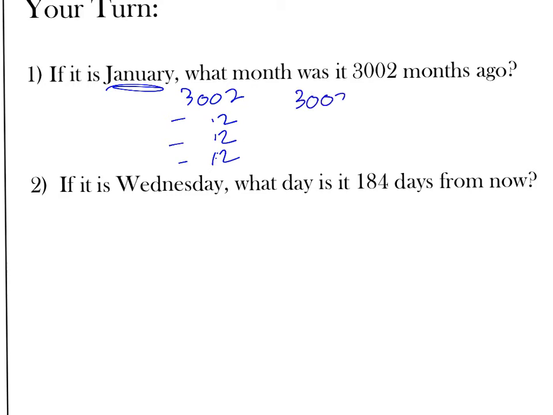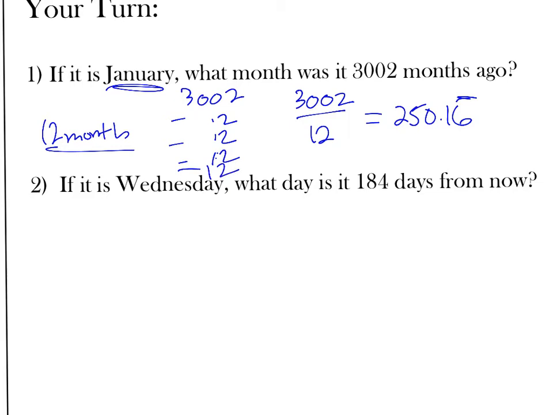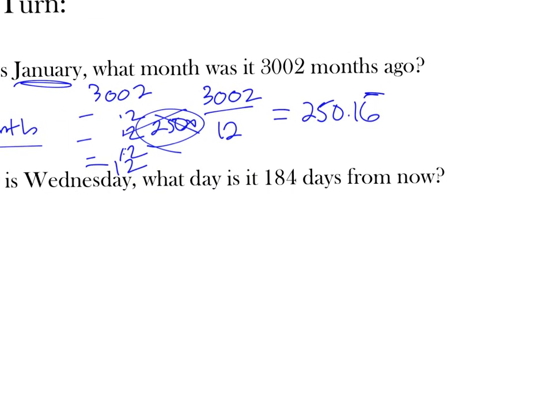What I would do is take 3,002 and divide it by 12 because there are 12 months. That's going to give me 250.16 repeating. So if you wanted to keep subtracting 12 here, you would have to do it 250 times. That is not a great idea. That's not a very efficient way of doing things.